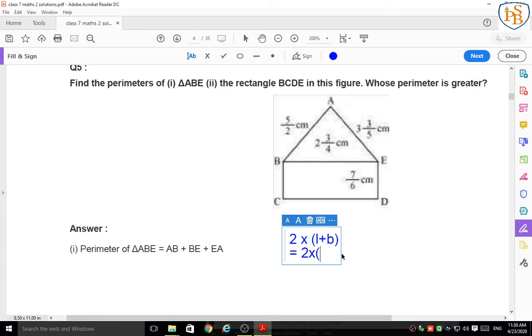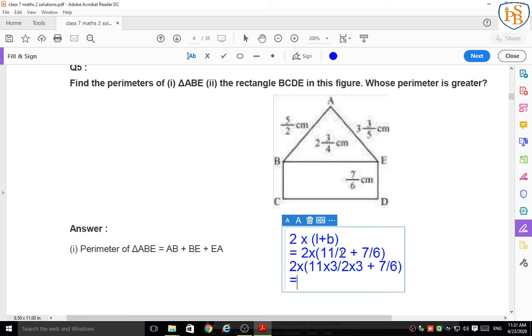So 4 2s are 8 and 8 plus 3 is 11. 11 upon 4 plus 7 upon 6, here bracket close. So 2 into in bracket, look at here 4 and 6. Now the LCM of 4 and 6 is 12. So we have to multiply 11 upon 4 by 3.